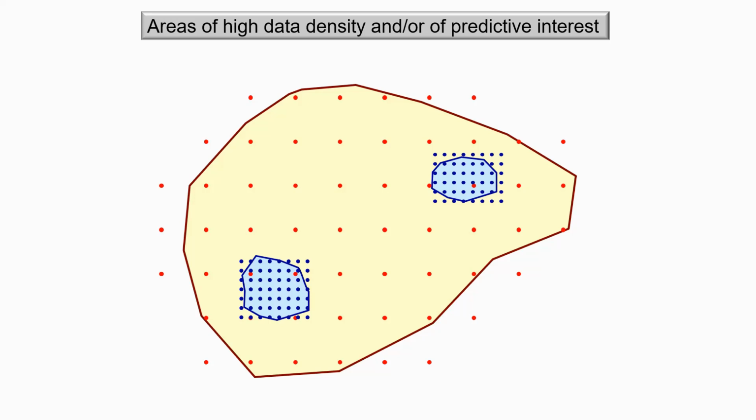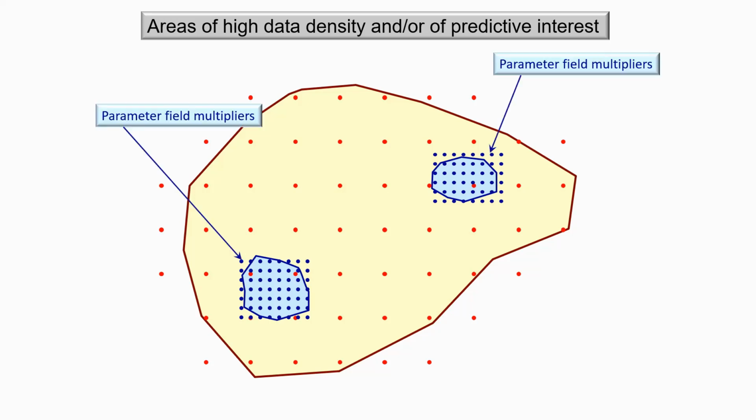So interpolation here becomes a two-step process. This secondary set of pilot points can actually carry multipliers which perturb the background parameter field interpolated from the red pilot points. And to undertake that interpolation, we use simple kriging with a mean of 1.